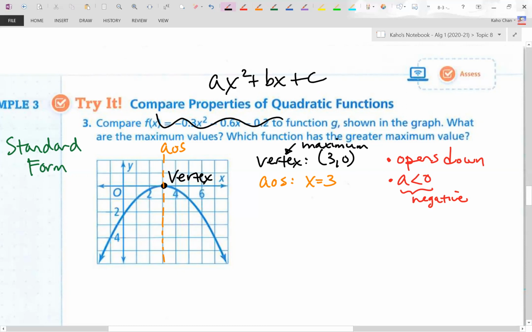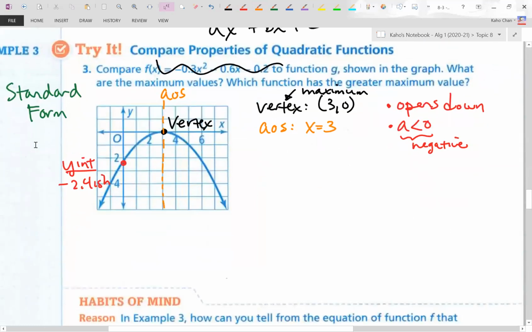Just a lot of little things, okay? And finally, one last thing they might ask is the y-intercept. Looks like negative 2.3, negative 2.2-ish kind of a thing. We'll call it negative 2.4-ish, okay? We don't know exactly. All right.